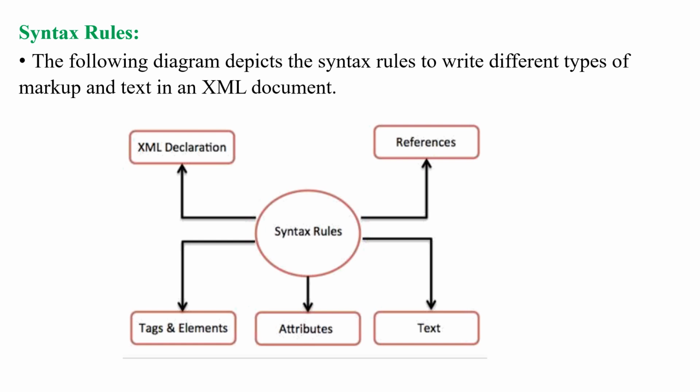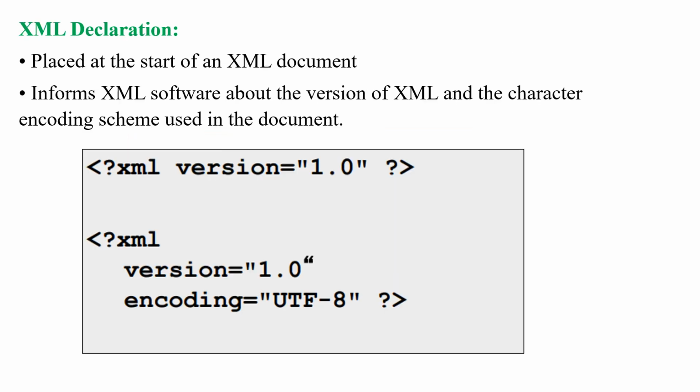What kind of version and what kind of encoding type we are using in our code should be mentioned as the first line in the code. If there are any references, they should be given with proper syntax, and whatever tags we define should also follow certain rules. Even for attributes and for defining the text, there are some syntax rules. So the first one is XML declaration.